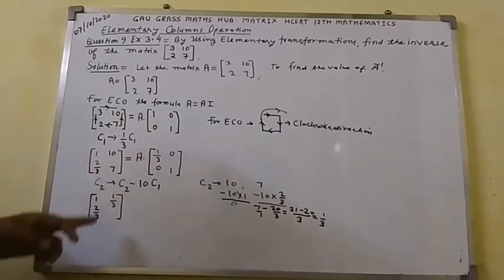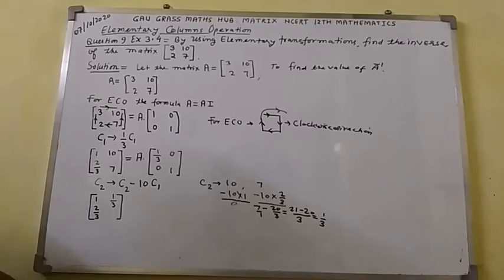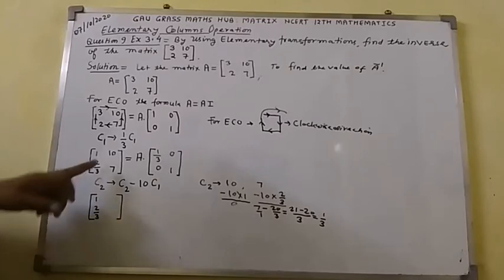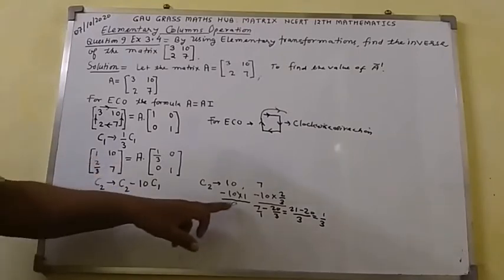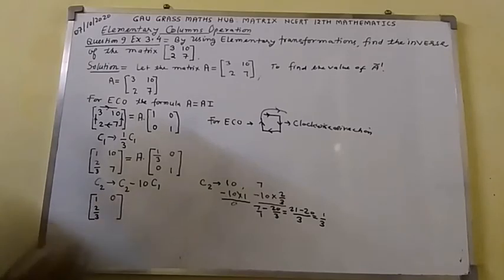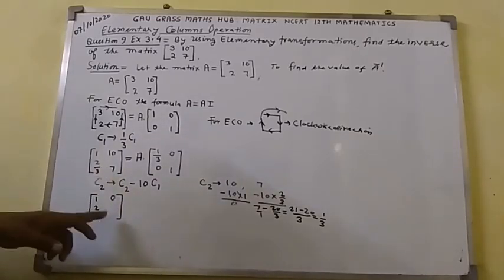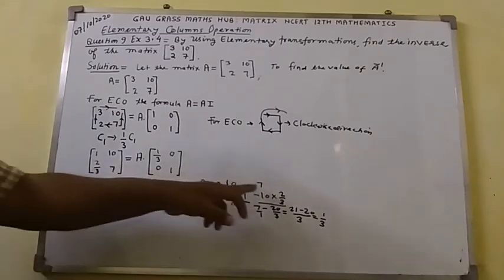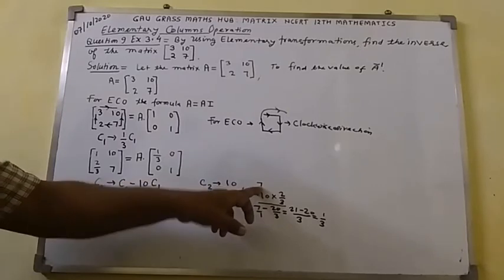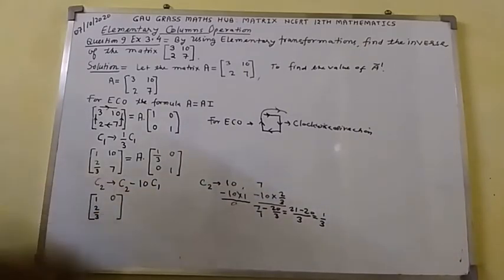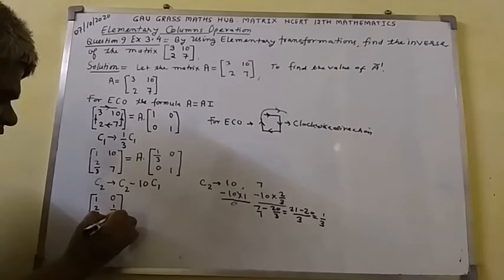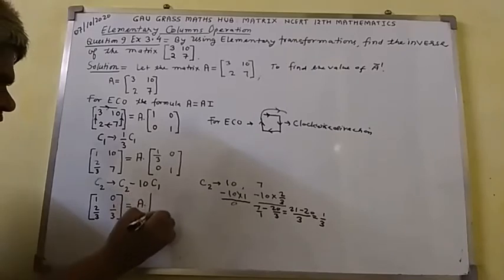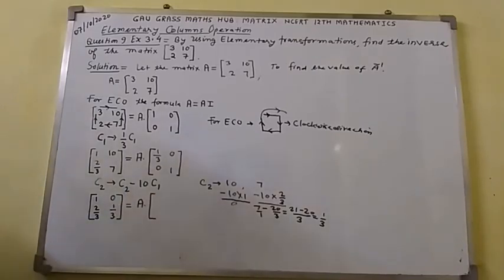In place of 10 I have written 1 over 3, sorry for that. Here in place of 10 I shall write 0. This will become 0. And in place of 7, because 7 has been operated, I shall write 1 over 3 here, equal to A, opening of square bracket here.